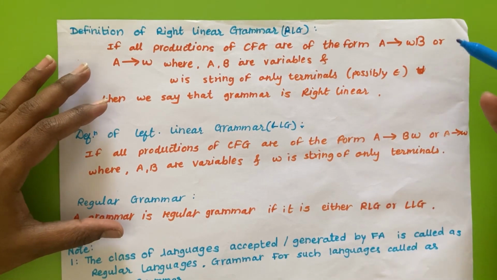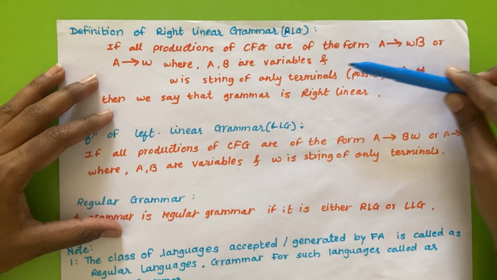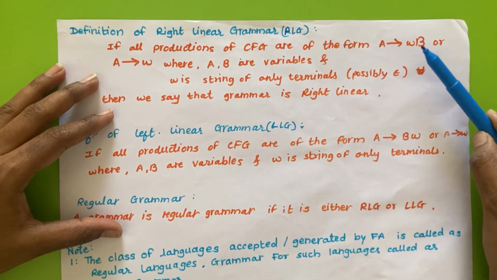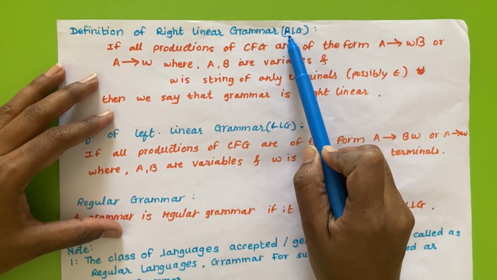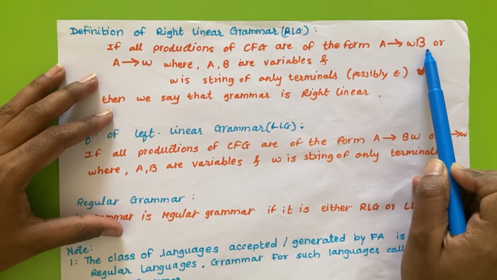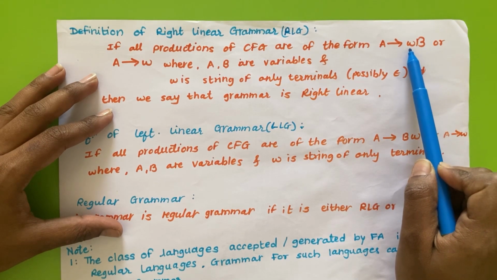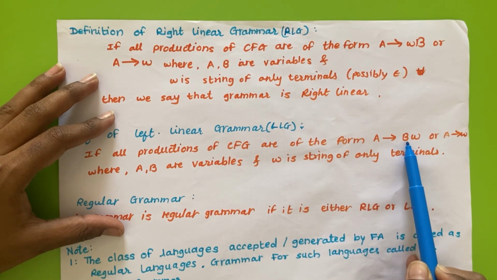So if we compare the productions in RLG and LLG, we can see the difference that in case of RLG the non-terminal is present at the rightmost side in the RHS, and in case of LLG the non-terminal is present at the leftmost side.